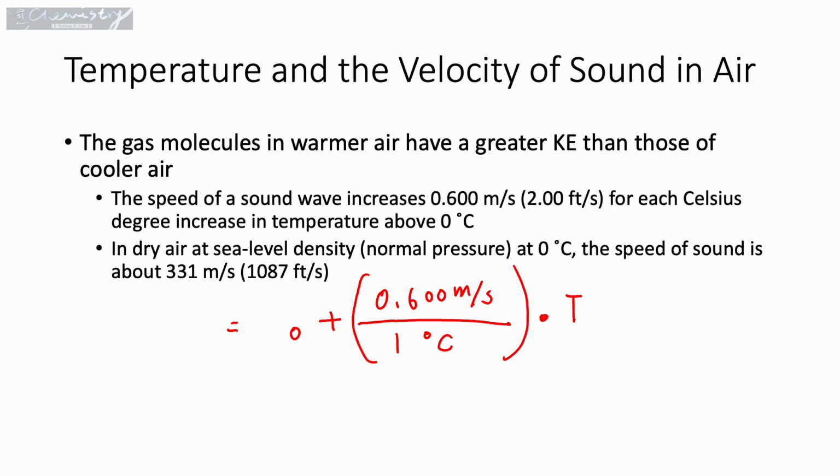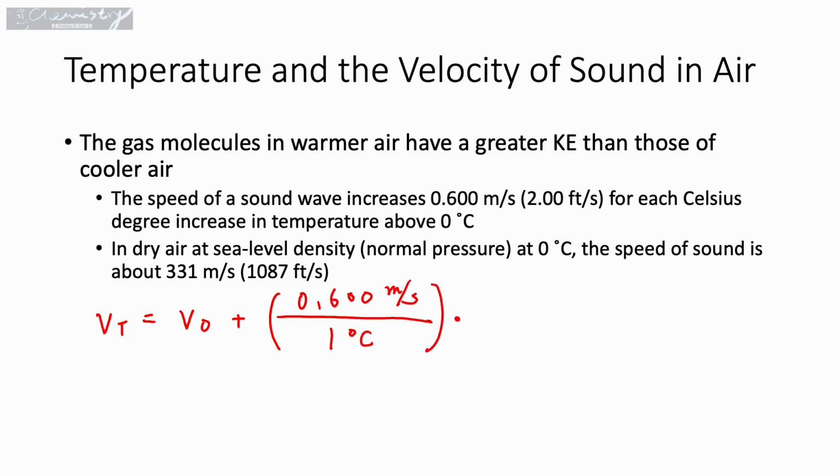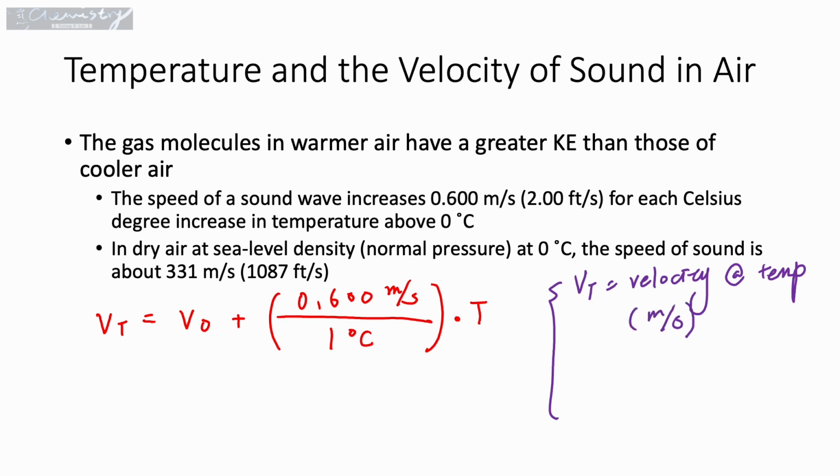So here, I'm going to rewrite this because that was ugly. Remember, the velocity at the temperature we're looking at is equal to the initial velocity plus 0.600 meters per second per 1 Celsius increase times the temperature that we're looking at. In this case, Vt is the velocity at the temperature that we're looking at, and the units are meters per second.